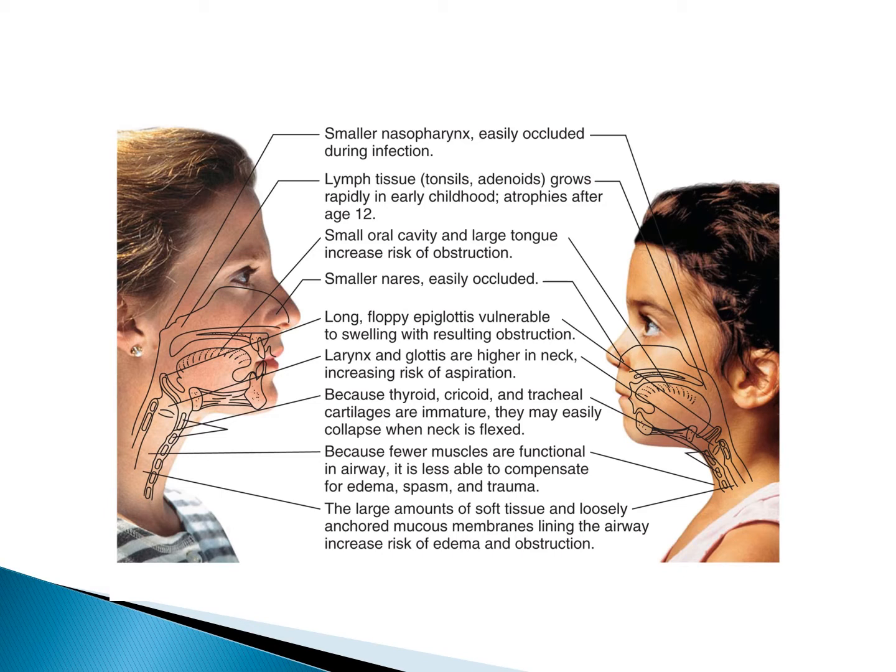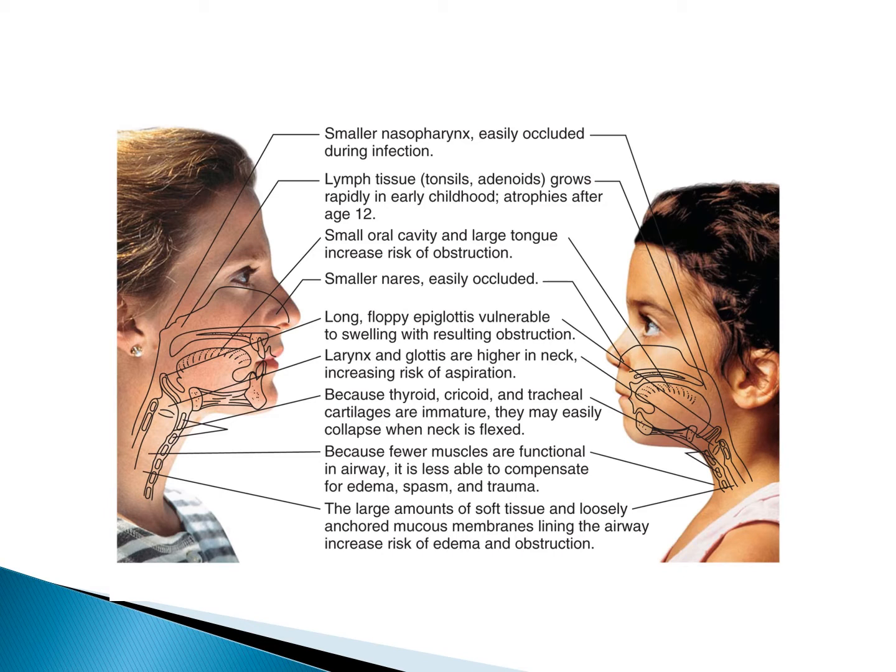So the nasopharynx is smaller and more easily occluded during infection. Sometimes we're dealing with enlarged tonsils and adenoids, and they can cause airway narrowing or obstruction. Children have a small mouth and a large tongue, which can increase the risk of obstruction.